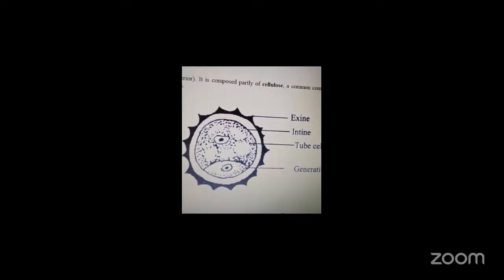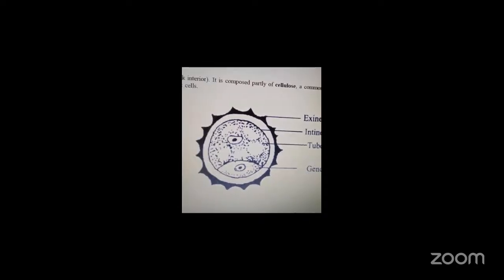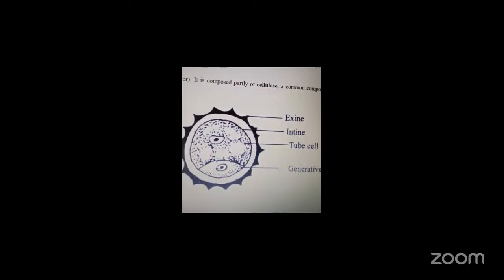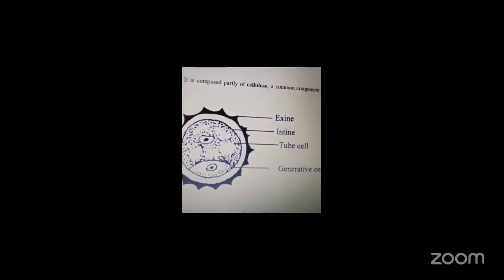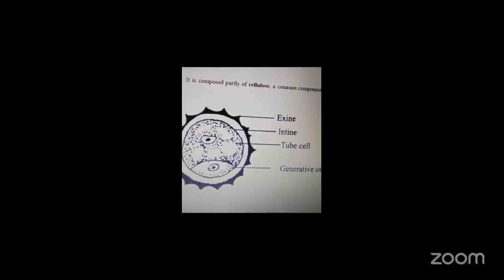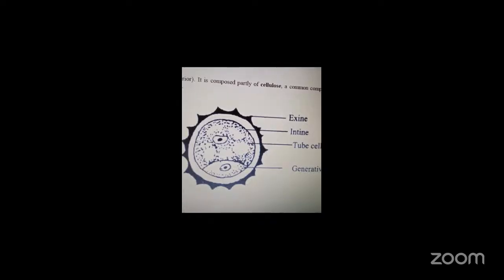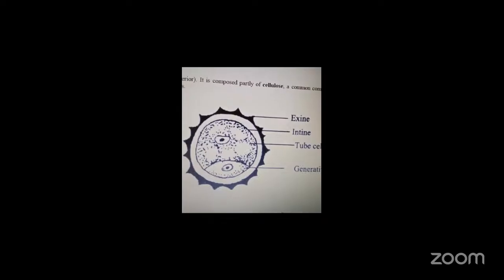So this is the structure of pollen. Clear? The outermost layer is the exine, and the inner one is made up of cellulose, the intine, and then the cytoplasm is there. Inside the cytoplasm, the tube cell and generative cell are present. The tube cell grows into the pollen tube and the generative cell acts as the male sperm.